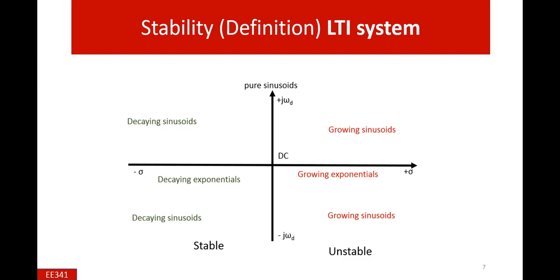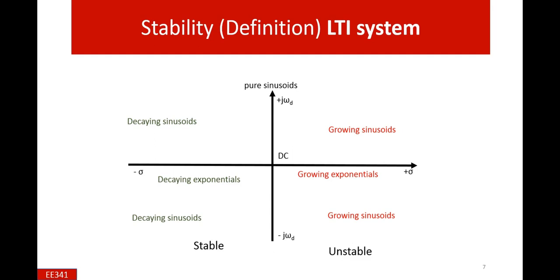If the poles lie on the vertical axis or the imaginary axis, then the behavior is marginally stable or oscillatory. If the poles lie on the real axis, then only exponential behavior is shown. If the poles lie on the right half plane, then it is a growing exponential, and if the poles lie on the left half plane, then the behavior is a decaying exponential.